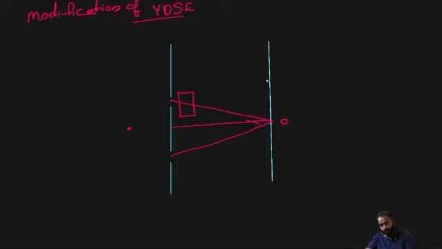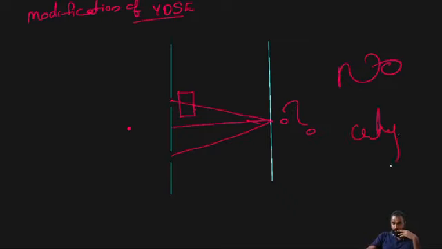Okay, is it right? Here can I observe a central bright fringe as in the case before? I will say no. Then why? Like this we have to study physics. I'm saying if I introduce a glass slab, is it possible to get a central bright fringe here?